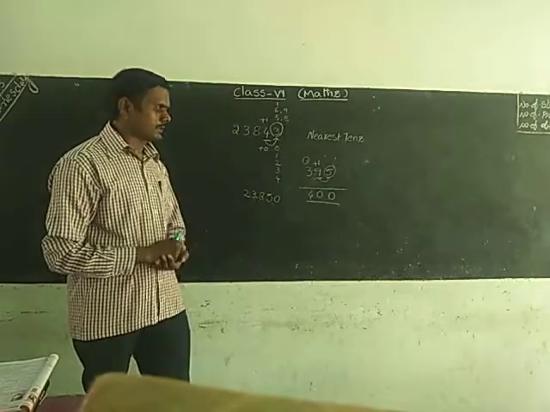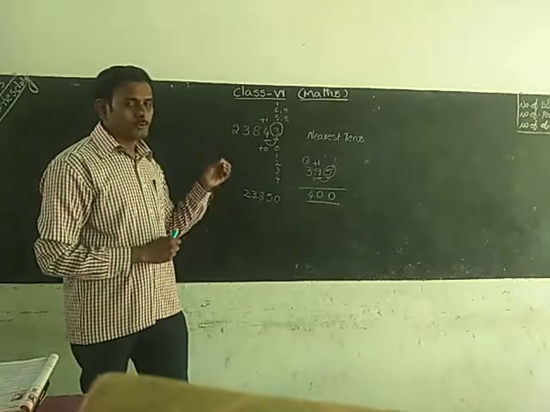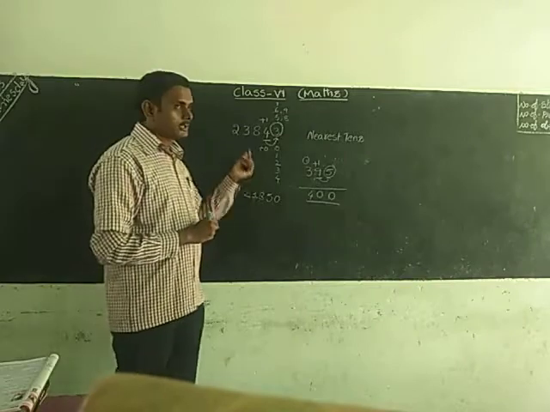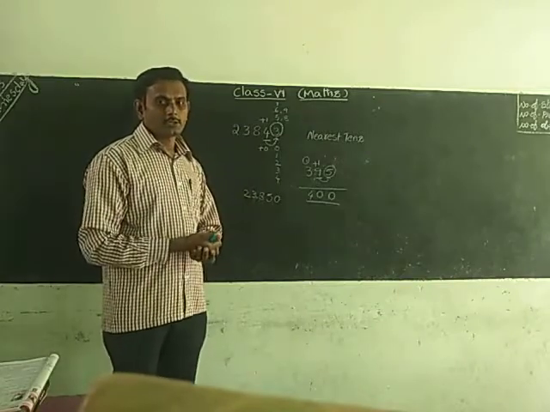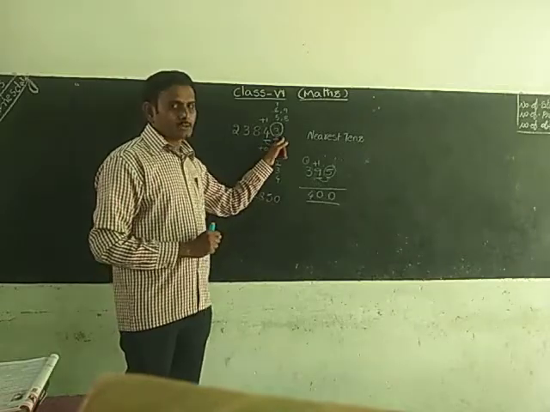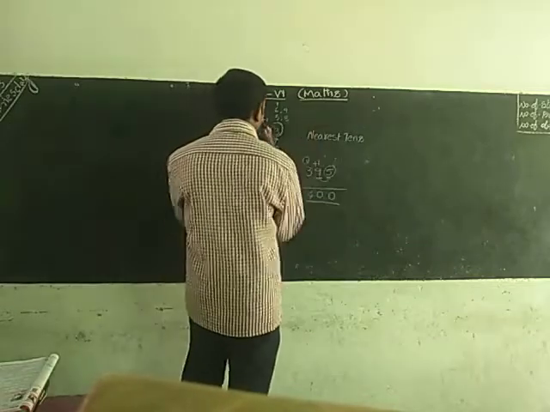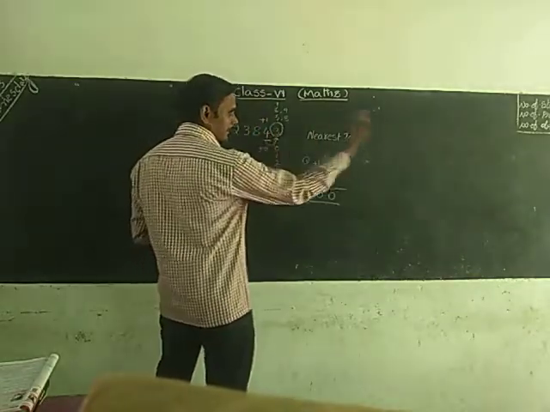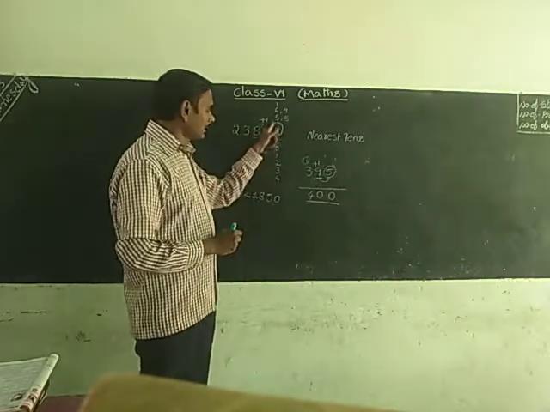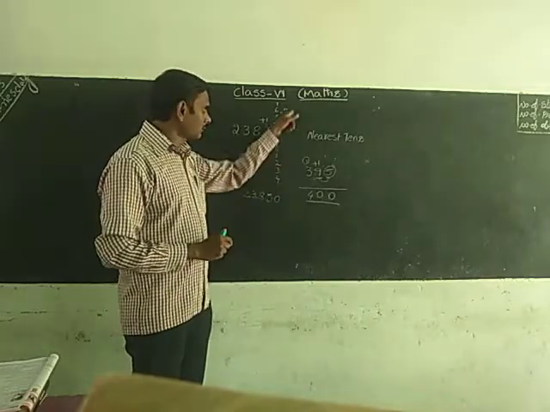For any nearest number, nearest thousand, nearest hundred, nearest 10,000 also, we can follow this method only. What method do you have to remember? Whichever place the nearest is asked for, underline that place. Circle the number on the right side of the underline. Looking at the board, right of 4, 3 is available, so circle that 3. After circling, see which group the number belongs to, either this group or that group.